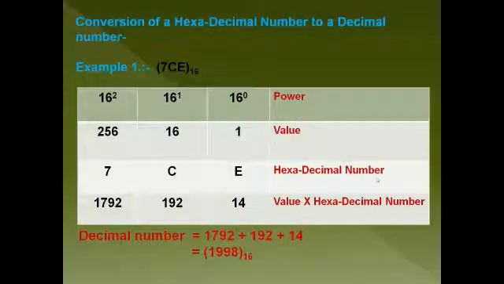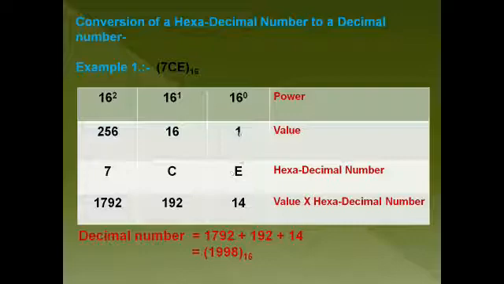Now the hexadecimal number we will write. This is E, this is C, and this is 7. Now E will be 14, C will be 12, and we will multiply 7 by these values. The value of E is 14 in alphabet.